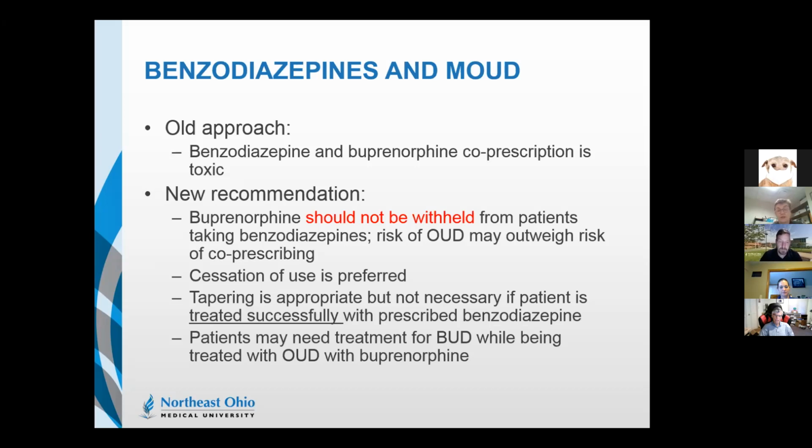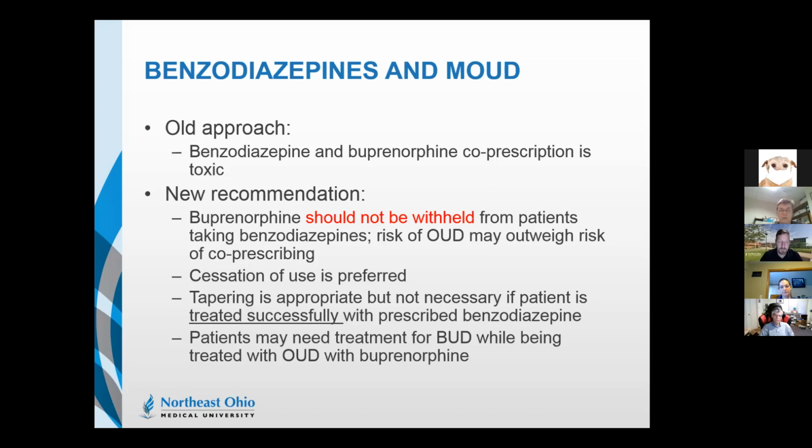So the new recommendation is don't withhold buprenorphine from patients using a benzodiazepine, either illicit or prescribed, because the risks of the opioid use disorder may outweigh the risks of co-prescribing. Cessation of use is what's preferred, and it's a reasonable goal.